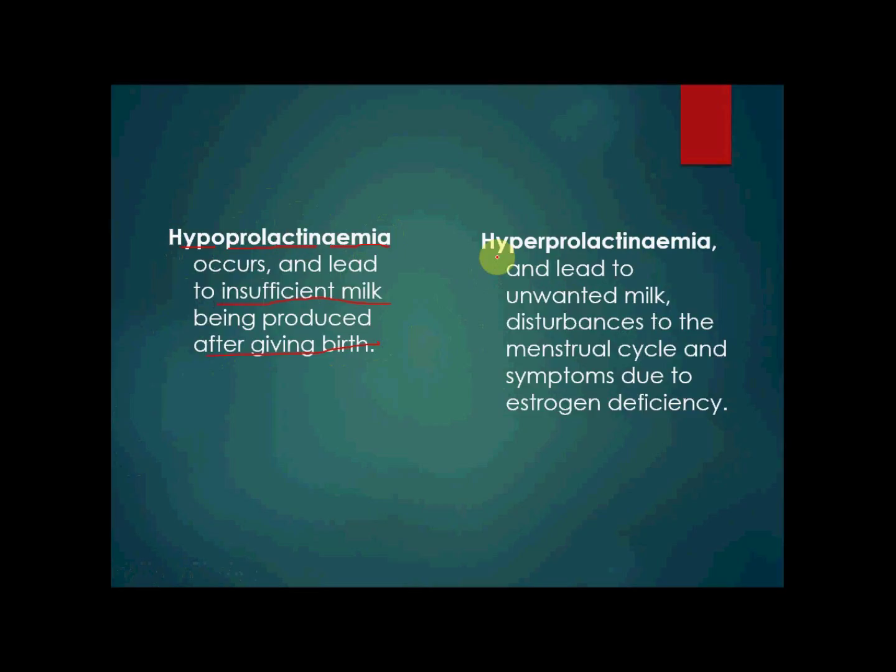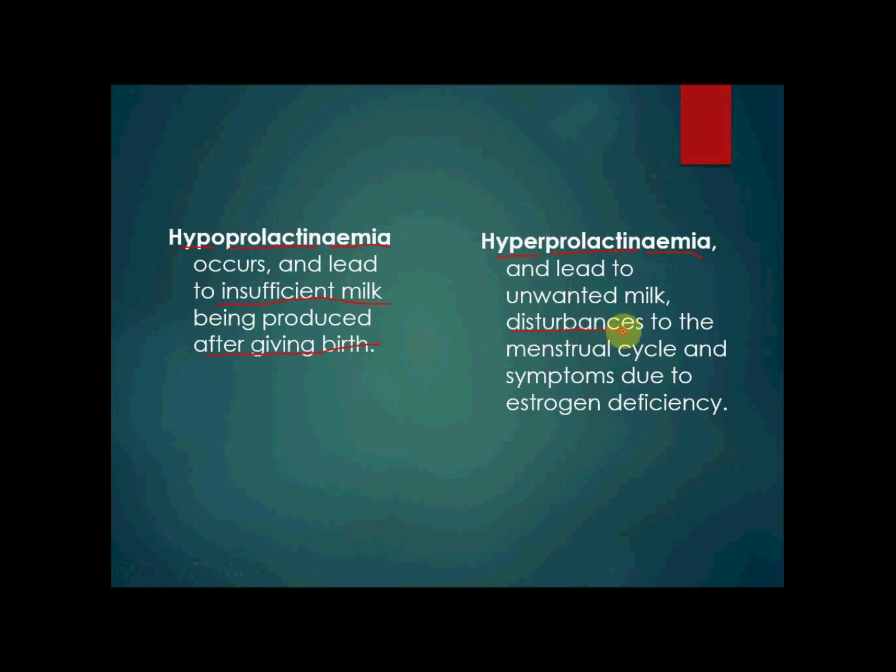Hyperprolactinemia, hyper means high. Again, prolactinemia means high prolactin hormone in the blood. This leads to not only unwanted milk, but just a lot of milk production in the mammary glands.